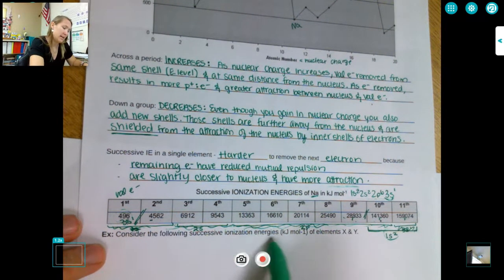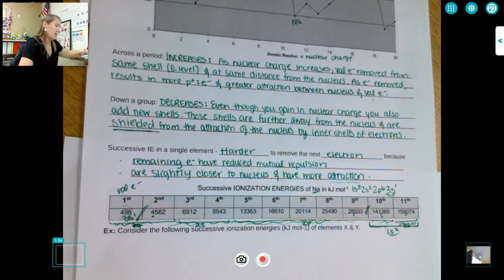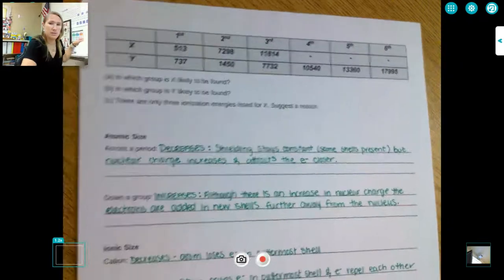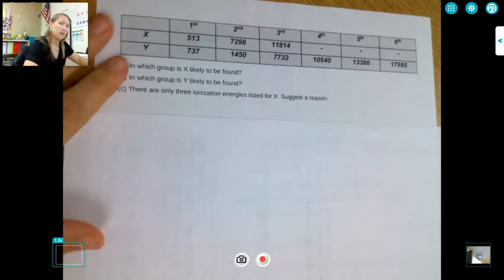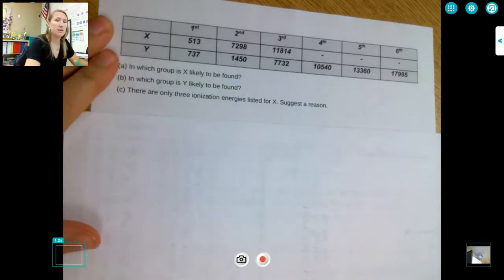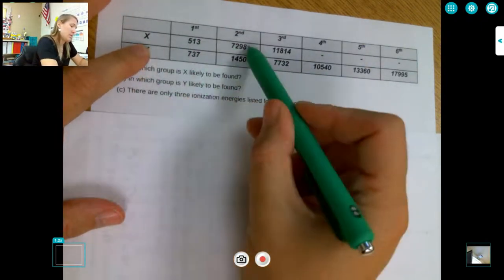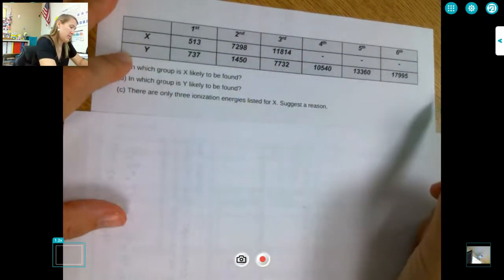So let's look at some ionization energies of two different elements, X and Y. Just lined up for you. So we can see that we have our information on element X. We have 3 pieces of information, and then Y, we have 6.